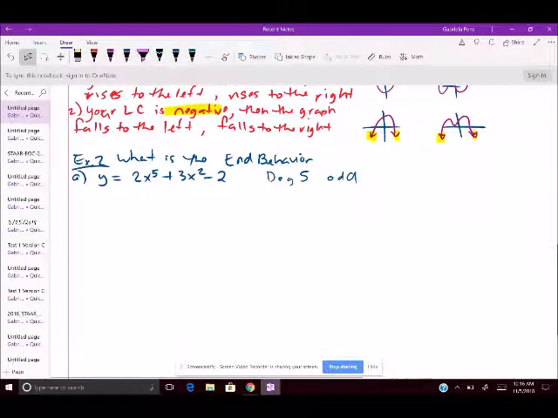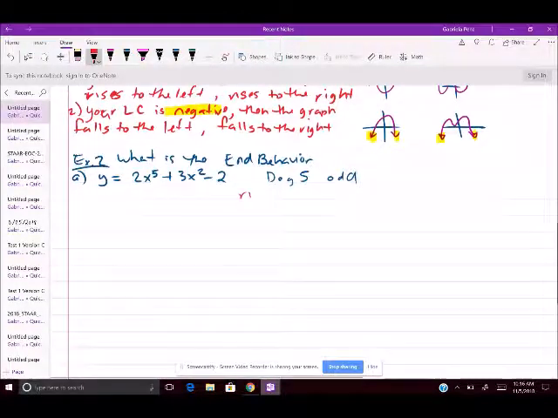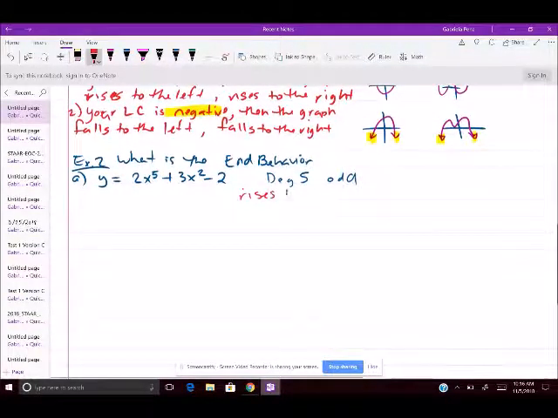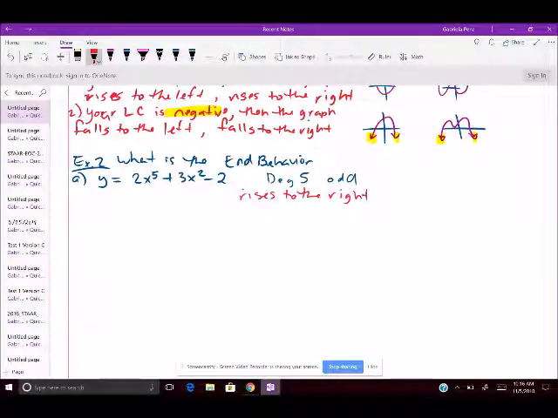So remember, odd means opposite. If I know that it's positive, it rises to the right. So if it rises to the right, then it has to do what over here? Falls to the left. But for now, you have your notes until you start getting used to it. So it was odd and positive: falls to the left, rises to the right.